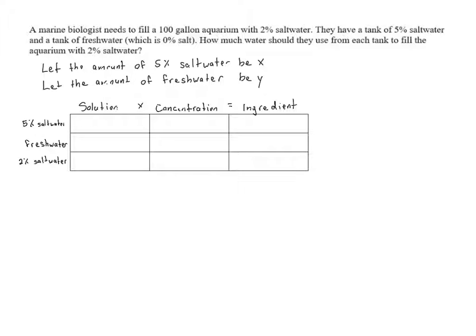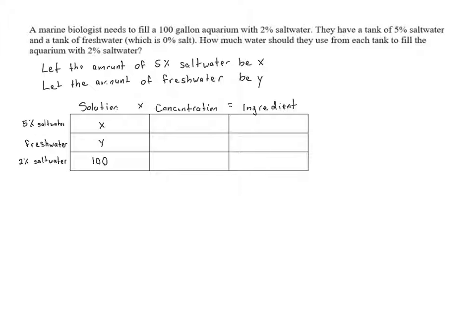So that's how we'll label each of the rows. Let's try to fill in the table. The amount of 5% saltwater solution that they're going to add has to be X, and the amount of fresh water is Y. And if we look in the problem, the amount of 2% salt water that they want is 100 gallons.